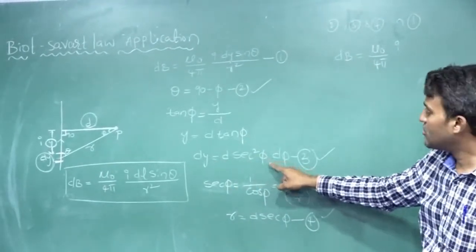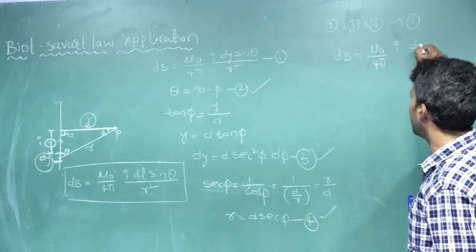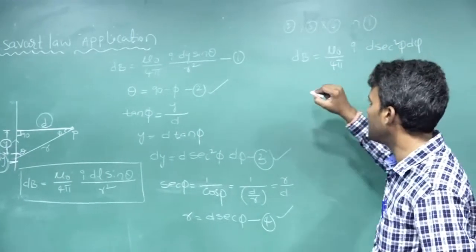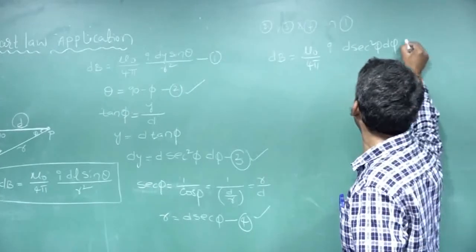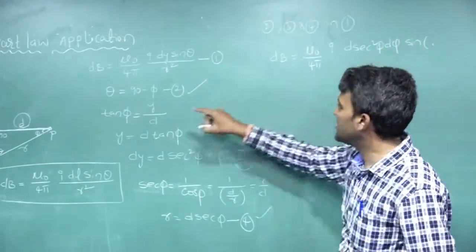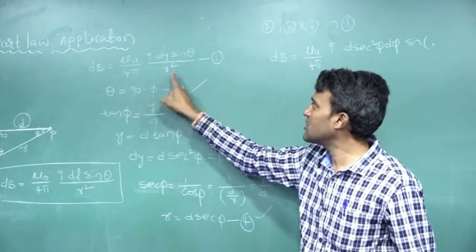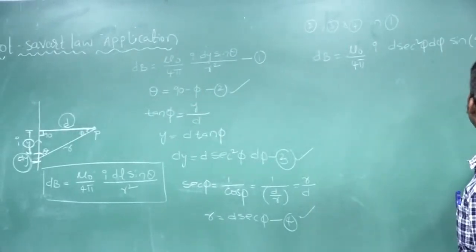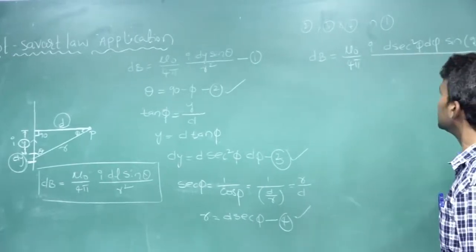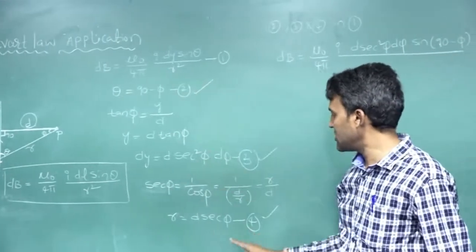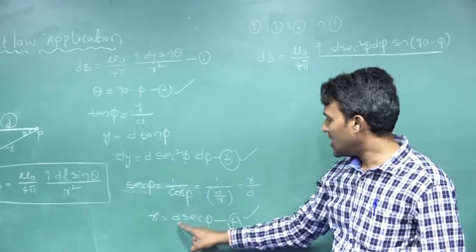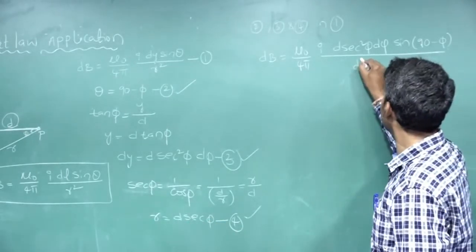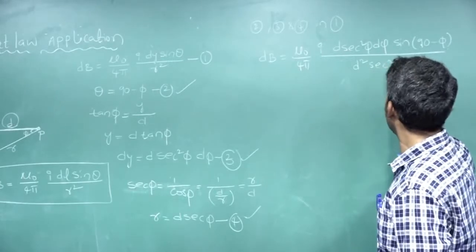D sec square phi d phi. Sin theta, where theta is equal to 90 minus phi, whole divided by R square, where R is equal to D sec phi from equation 4, so D square sec square phi.